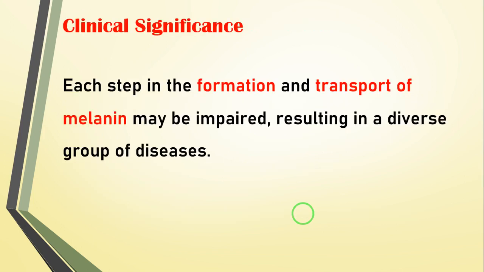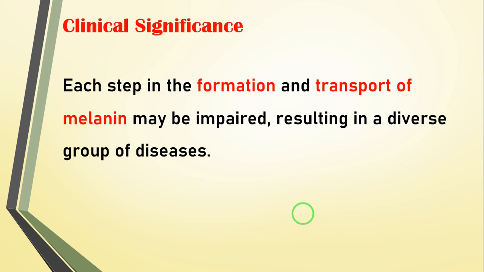Many diseases may result from mutations that affect the genes responsible for the production of the proteins or the enzymes that are involved, whether in the biosynthesis of melanin or the transport of the melanin.